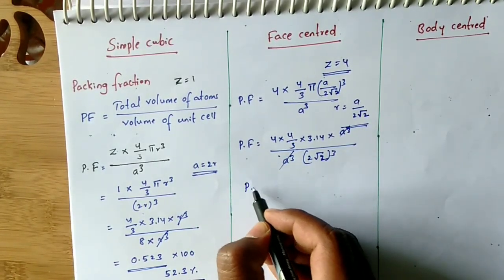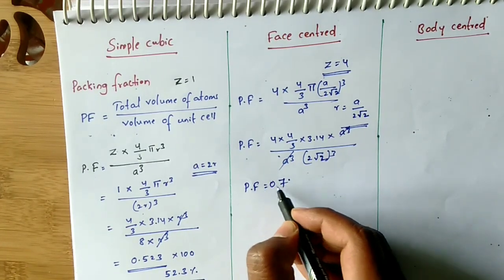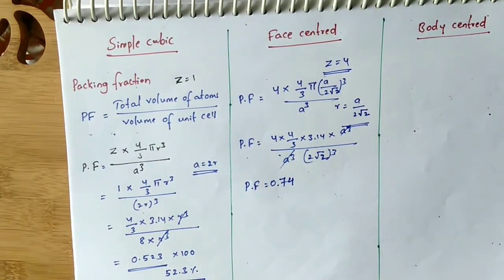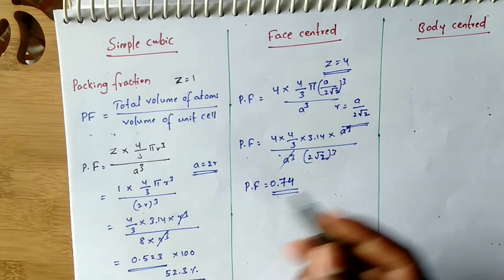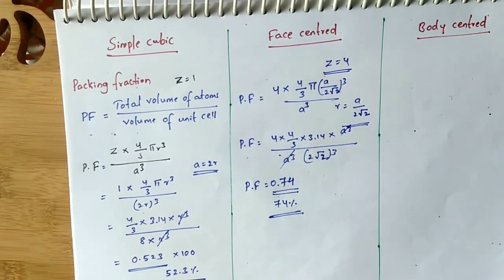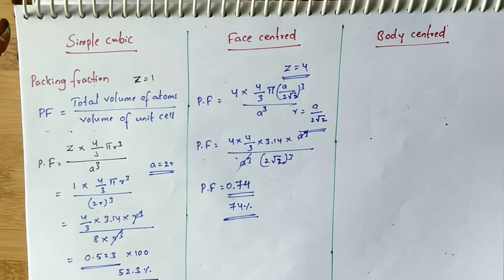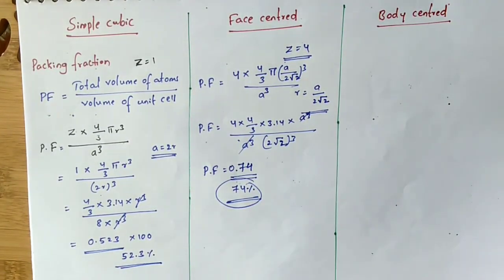If you solve this packing fraction, you will get around 0.74, this fraction of volume occupied by the atoms. So packing fraction 0.74 and the percentage 74 percentage. In face centered cubic, the percentage of volume in the unit cell occupied by atoms is 74 percentage. So slowly you can solve this.